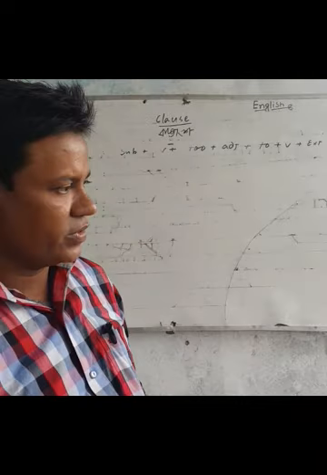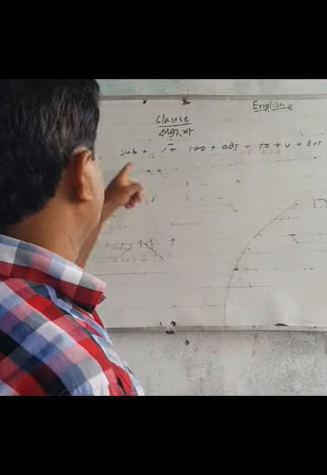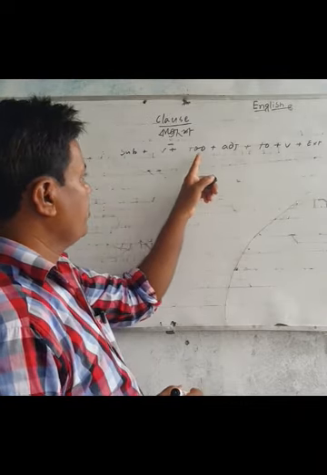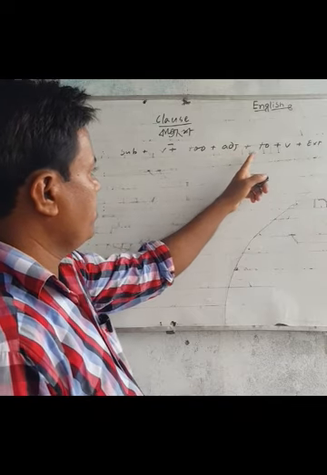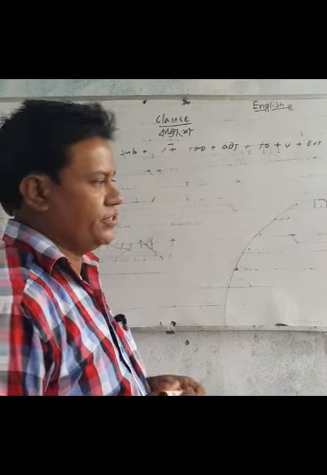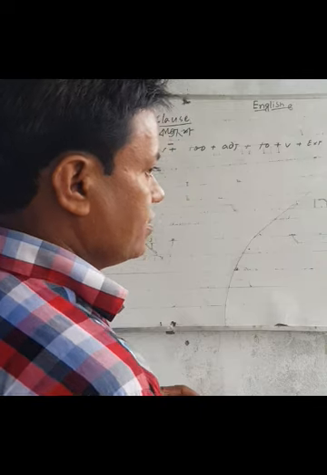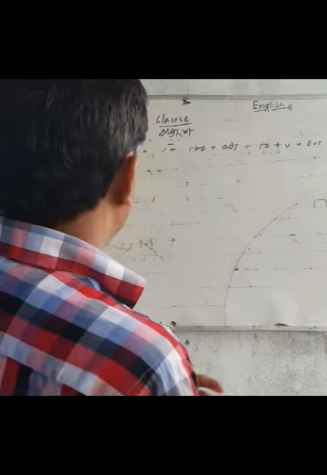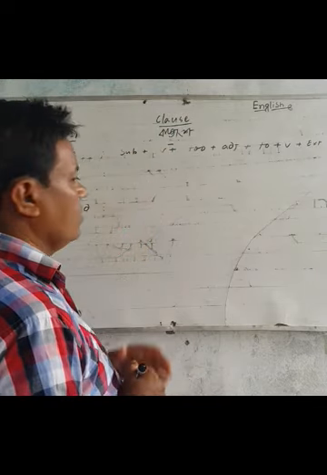Write clearly in your script: subject, verb, to, adjective, to, verb, extension. This is the structure of a simple sentence.